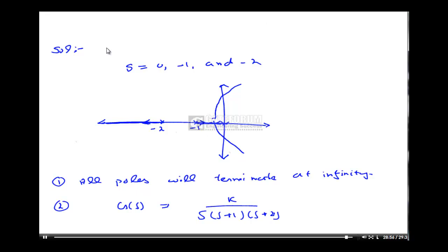Once the poles move to the right hand side of the S-plane, this will make my system unstable. The value of k at this point is k equal to 6. After this point, k is greater than 6. The value between here and here is k lesser than 6. So this way we can plot the root locus, and if the choices are given, we can make out which is the correct one.